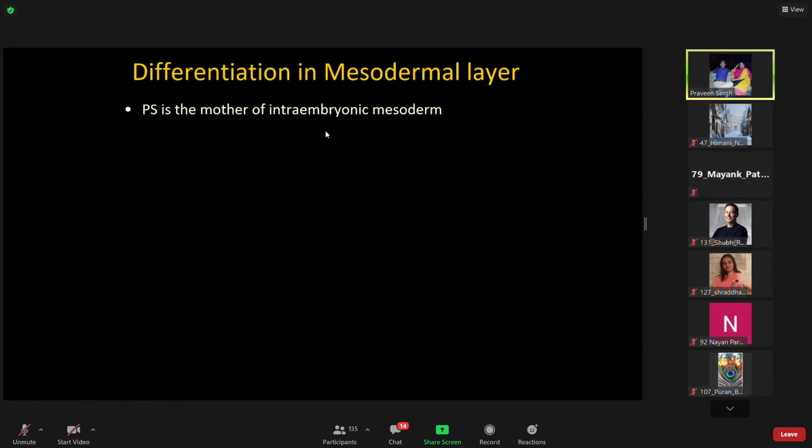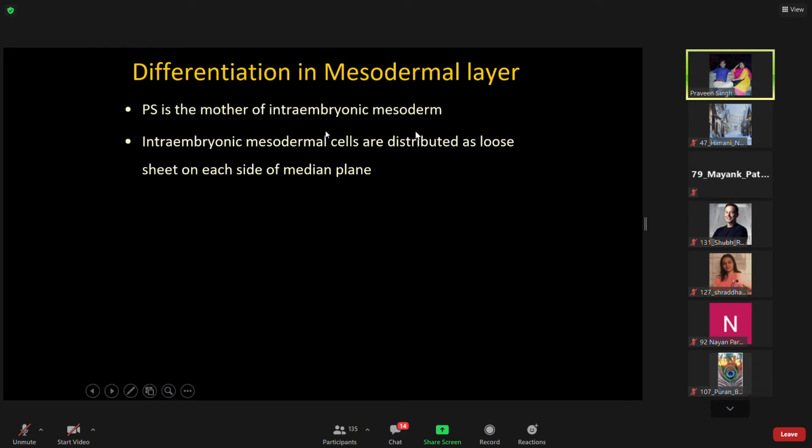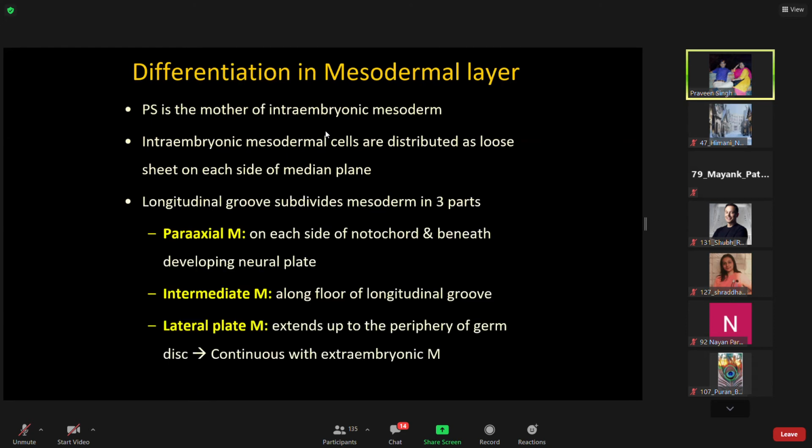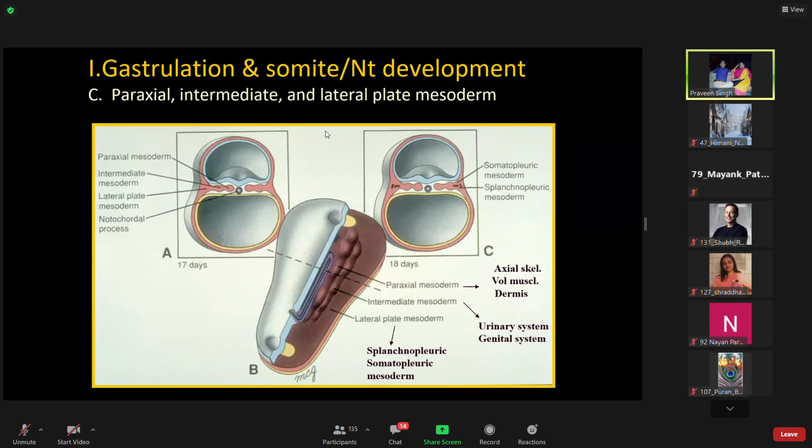Primitive streak, as we know, is the mother of intra-embryonic mesoderm. It forms paraxial mesoderm, intermediate mesoderm, lateral plate mesoderm. Like this, you can see paraxial, intermediate, lateral plate.